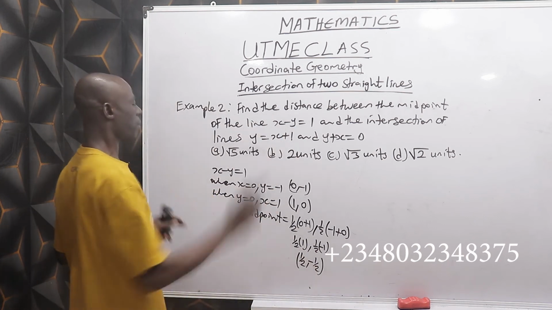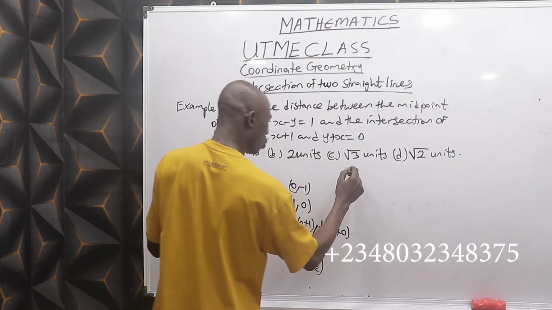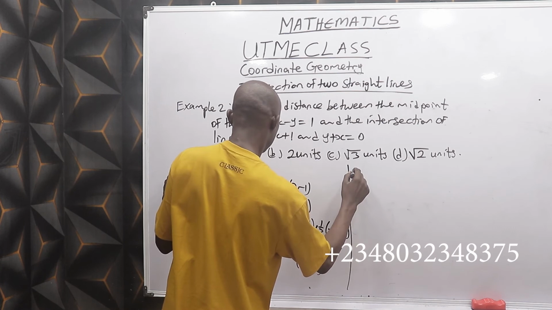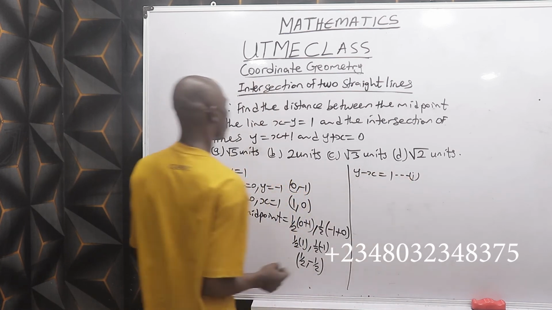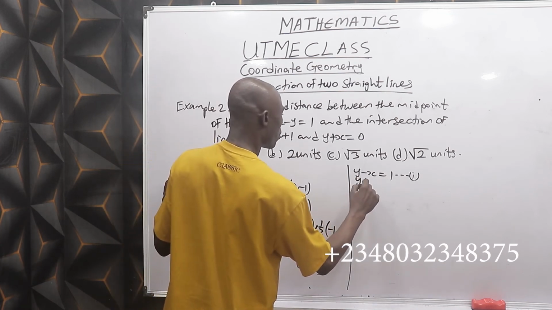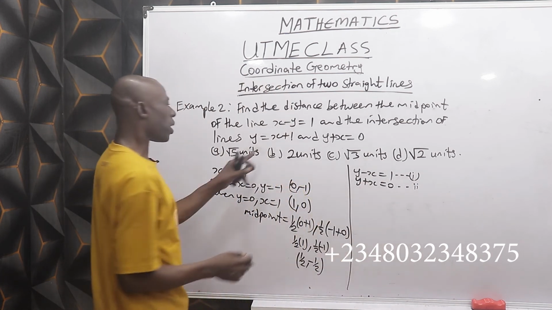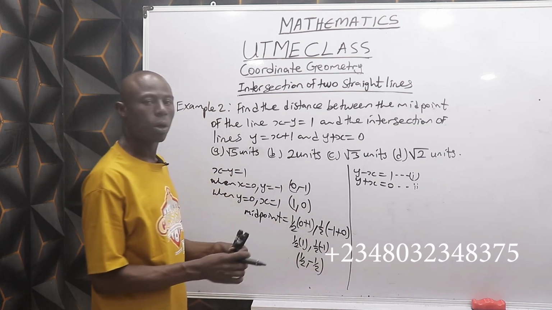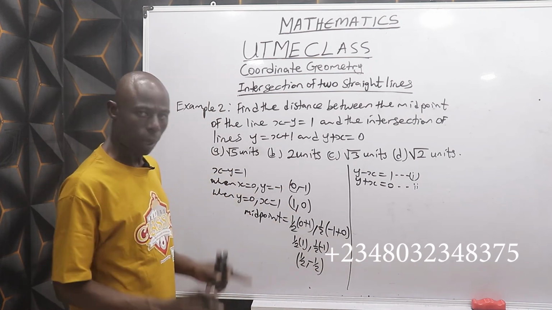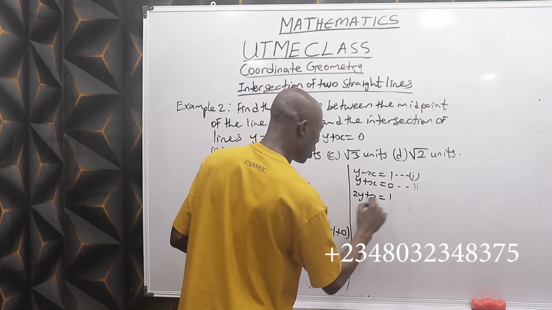This is the midpoint. Then the intersection of these two lines also will be y minus x equals 1, equation 1. Y plus x equals 0, equation 2. Intersection of two lines is the solution of the two lines simultaneously. This is 2y plus 0 equals 1, y equals half.